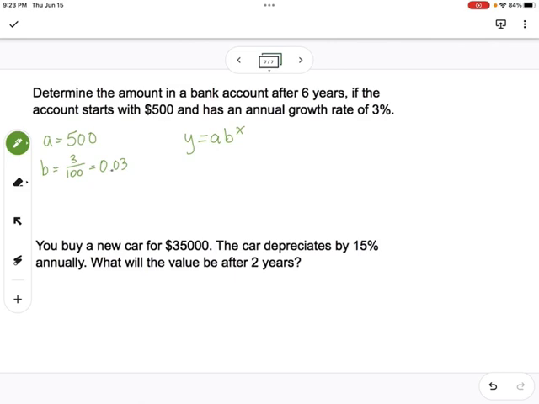Because this is a growth, we want to do 1 plus r. This is our r. So our b will be 1 plus 0.03.